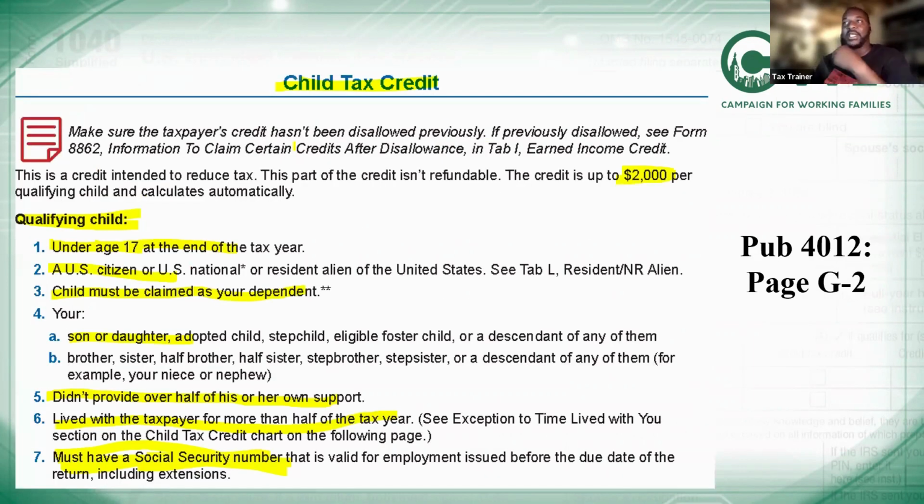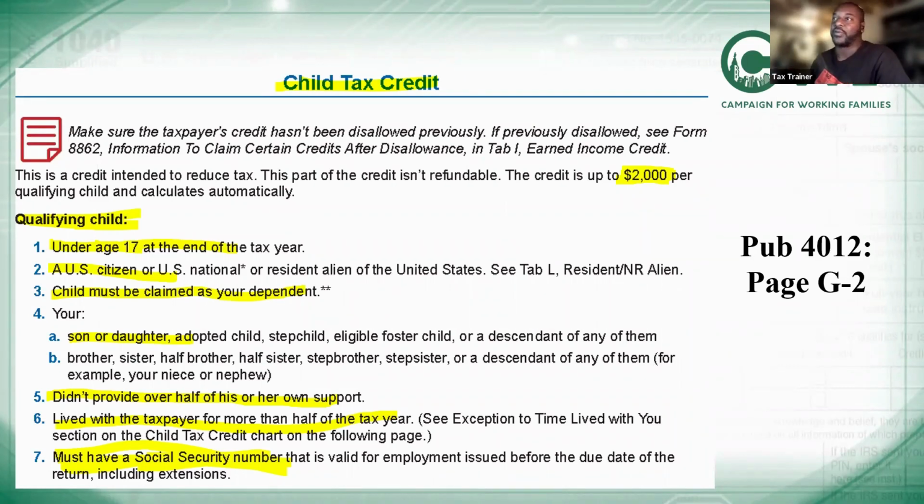So let's give you another example. Let's say this person's tax liability was $1,000 and they had a $2,000 child tax credit. So the $2,000 child tax credit is more than $1,000 of tax liability. So with a child tax credit, I can use a portion of it to be refunded to me.